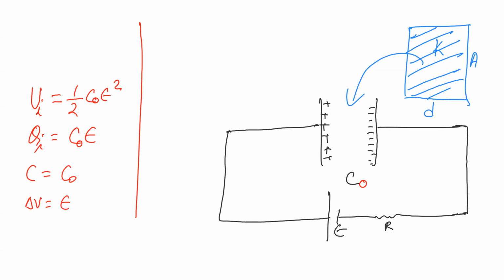After inserting the dielectric, what will be the C value? How much will it be? Can we say it is K C naught, right? What will be the delta V value?